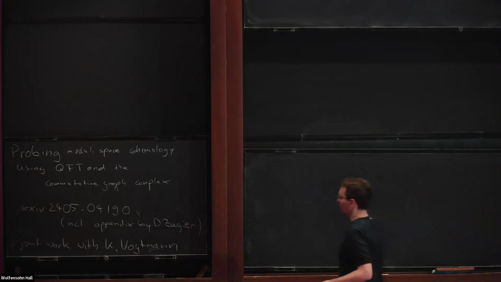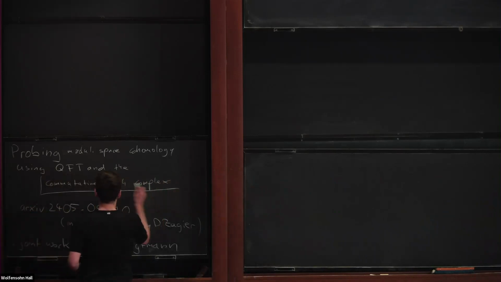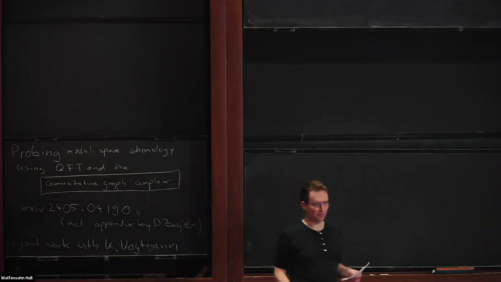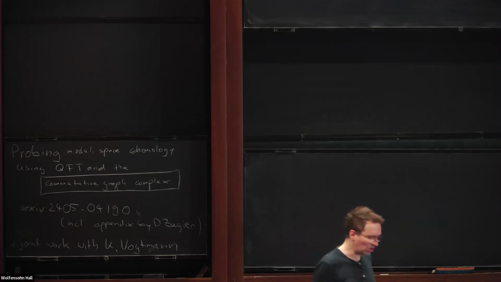So the main character of this talk is this commutative graph complex. It's a bit of a weird object that really plays a focal role in the middle of physics and mathematical physics and topology and algebraic geometry.